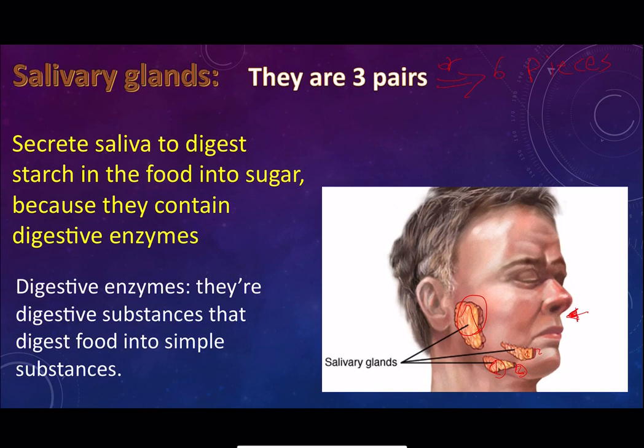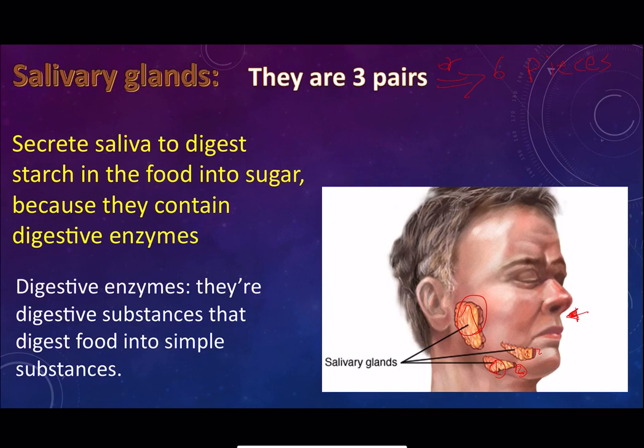The starch that exists inside our food, like the starch found inside the bread that we eat, or the rice, the potato, and so on. So the saliva starts to digest these types of starch found inside our food and converts it into sugar because they contain digestive enzymes.